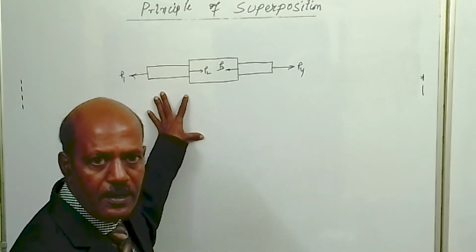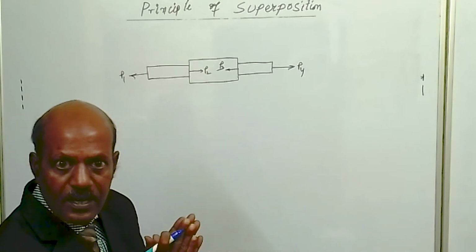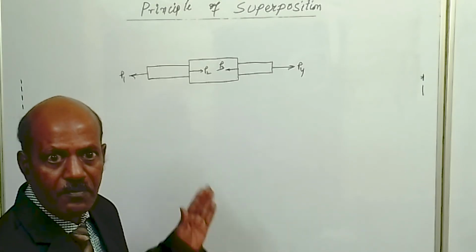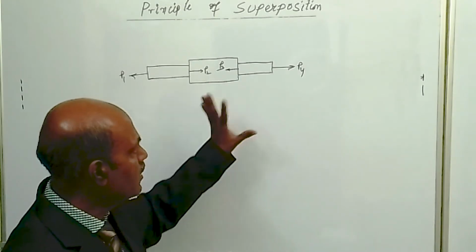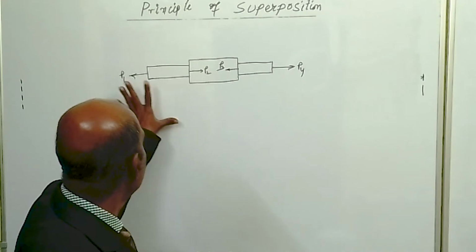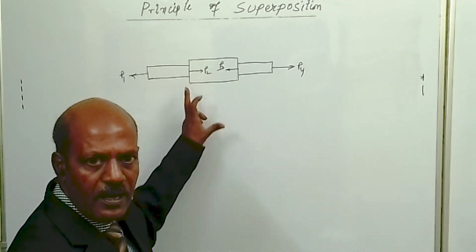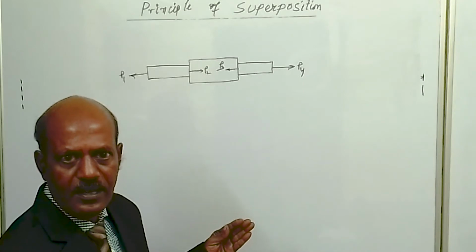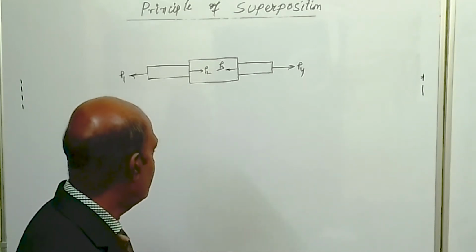Earlier we have seen a problem on a stepped bar, but the load was the same for all the segments. But here the loads are different for different segments. So what is the net effect produced by different loads acting independently in various segments, we will see here.